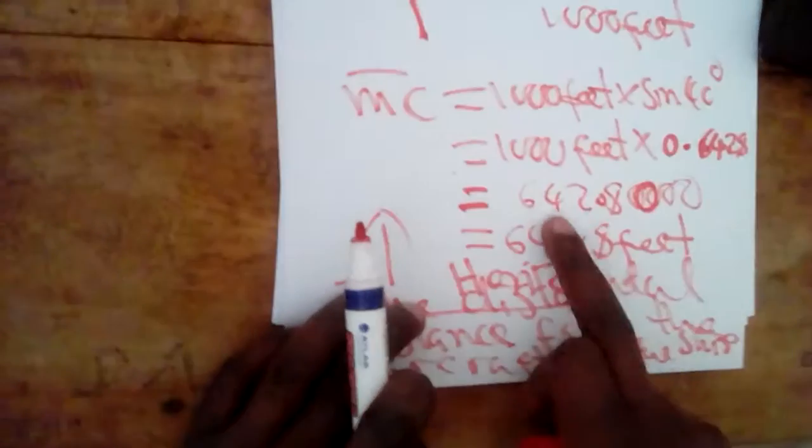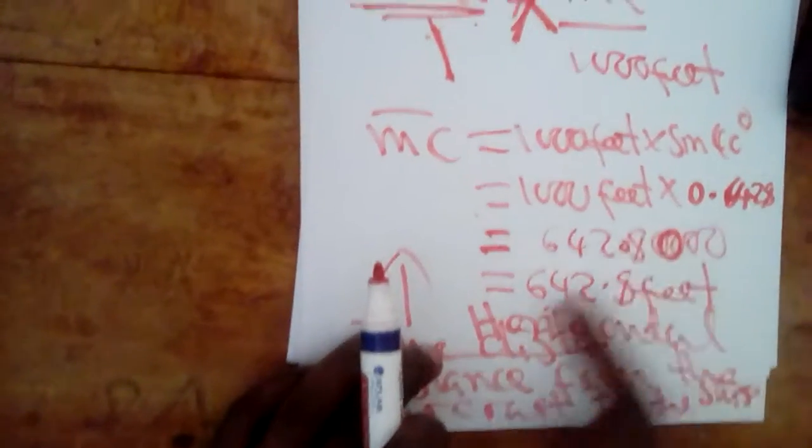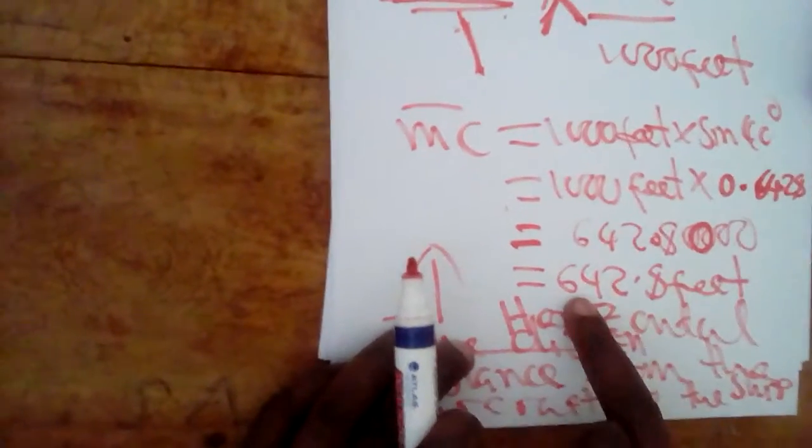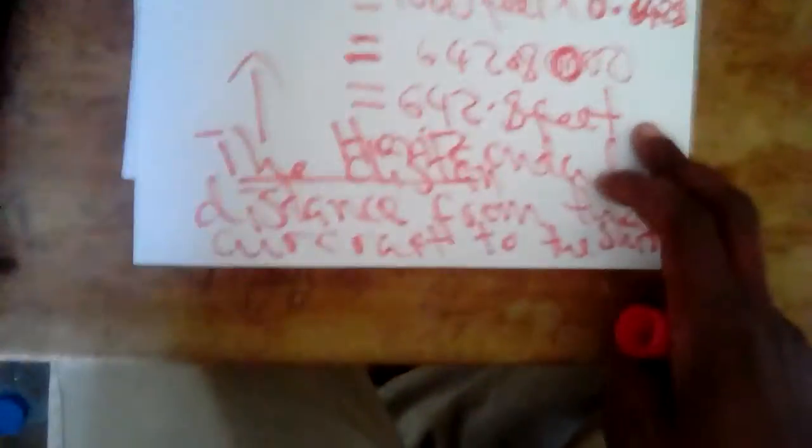So sine of 40 is written here, 0.6428. If you multiply, you will get 642.8 feet. That is distance MC.